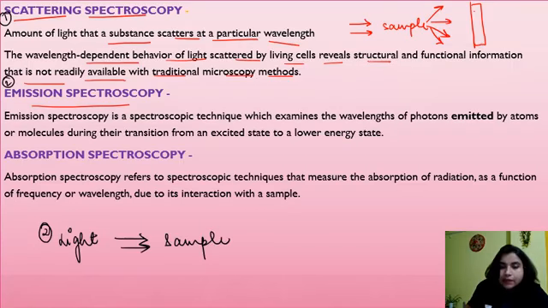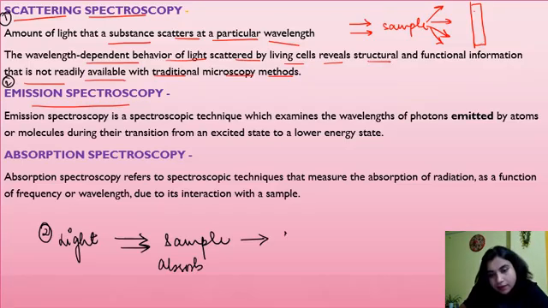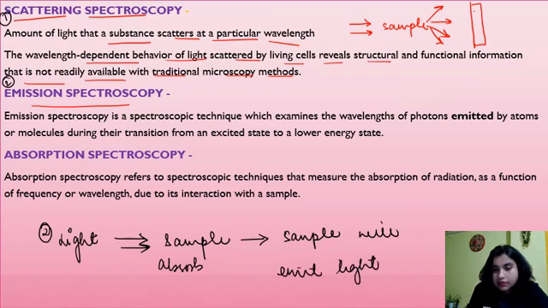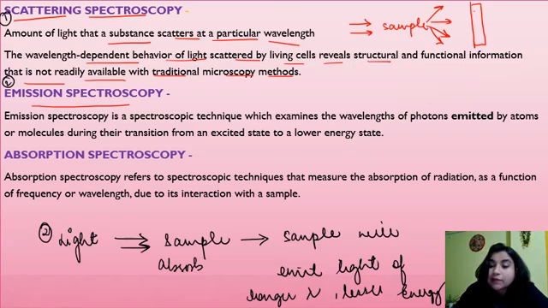The sample will absorb a wavelength of the light, and after some time the sample will emit light of longer wavelength and lesser energy. Longer wavelength, lesser energy. As the sample is emitting light, we call it emission spectroscopy.